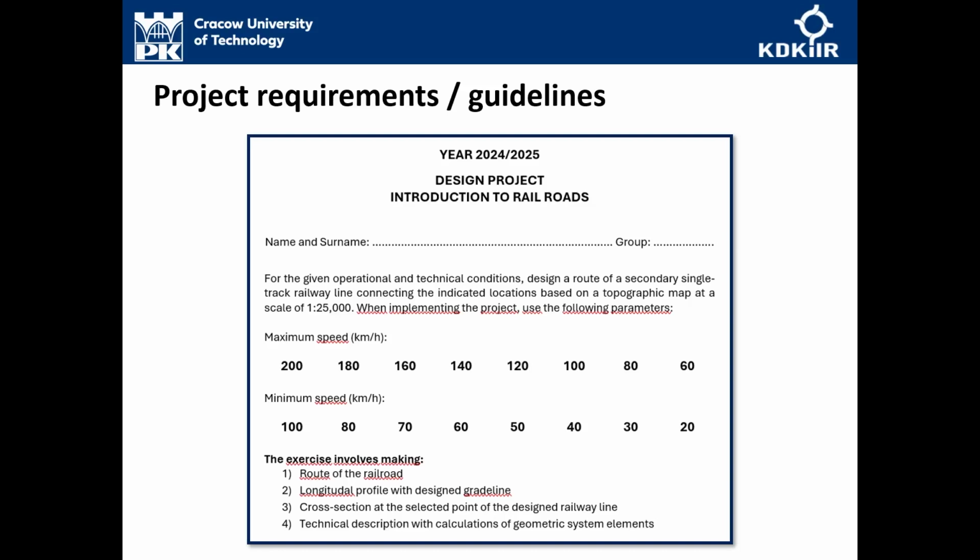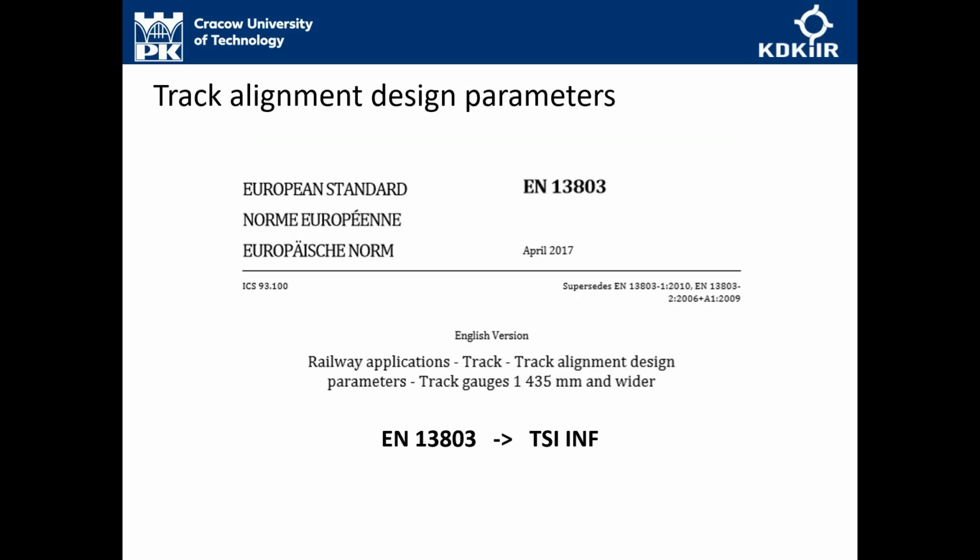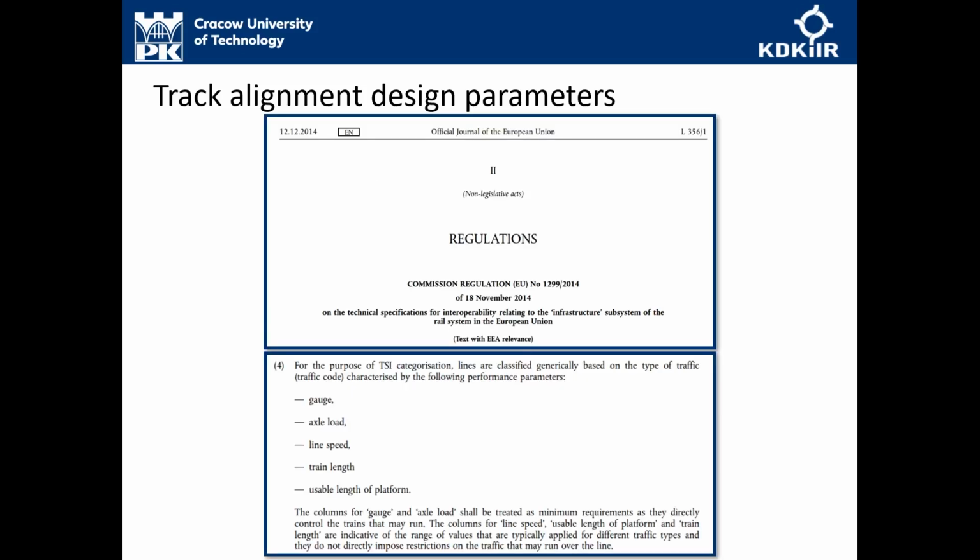If there are no such guidelines, then there are also the technical specifications of interoperability, the TSI, as a starting point. As a part of this document, certain key parameters are defined, such as gauge, axle load, length of the train, maximum speed, or even the usable length of the platform.